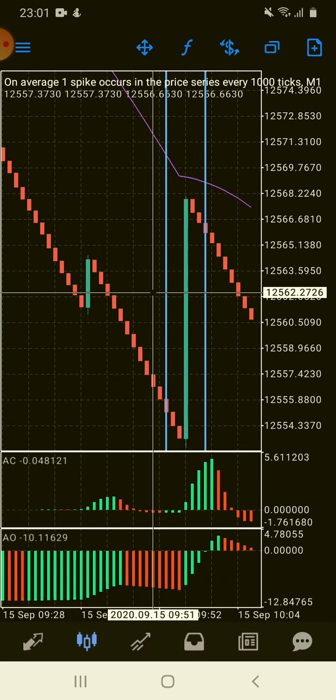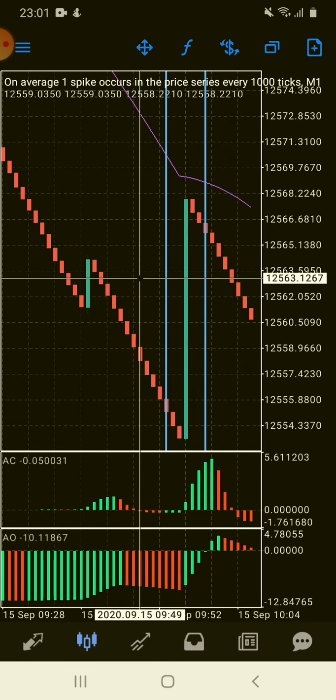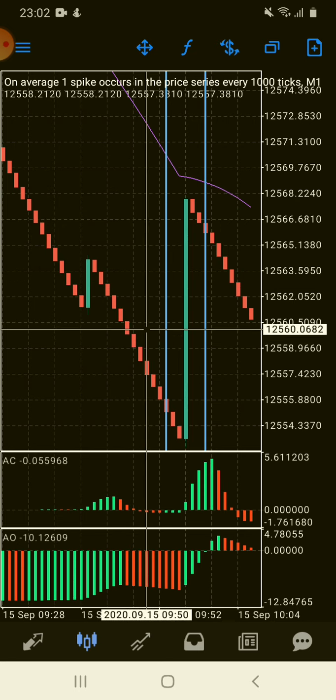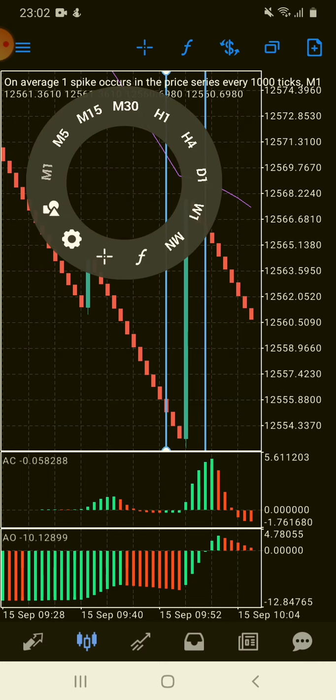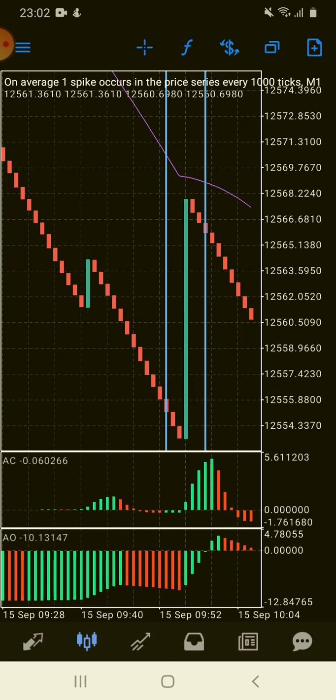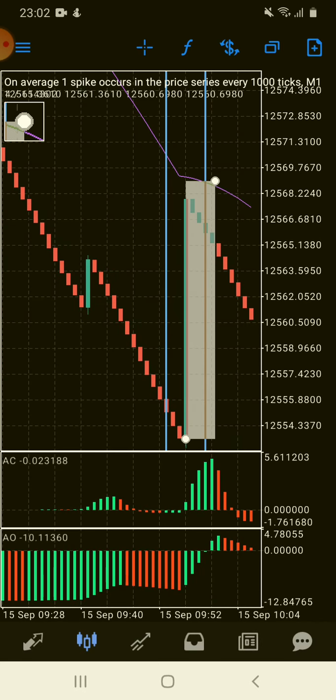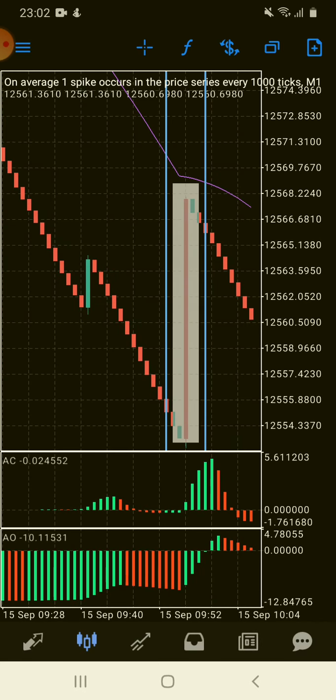You could go for the small spike, it's fine, but that's not how the strategy works. What we are waiting for is a beautiful green spike right over here. Let's draw a rectangle around that. We're waiting for this spike.